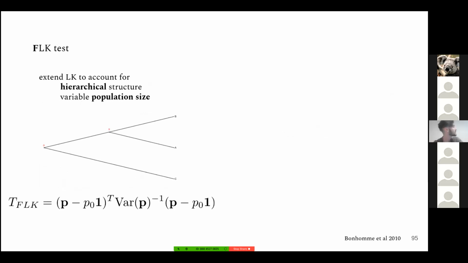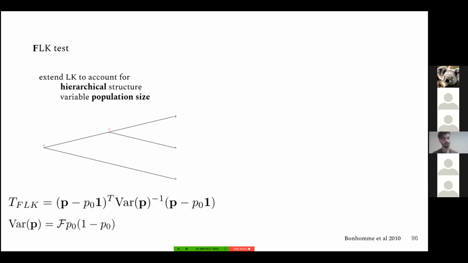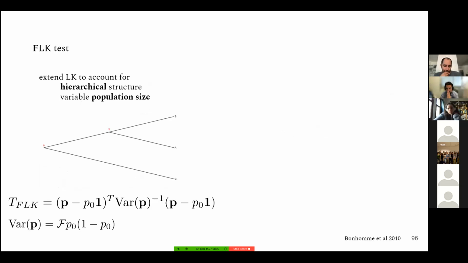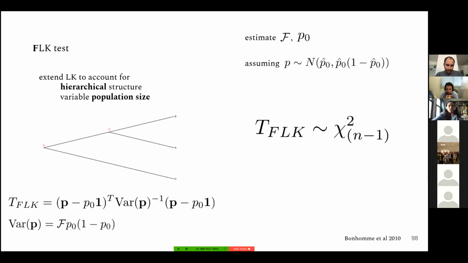The FLK statistic takes this form, where the variance is F, which is the matrix estimated in the kinship method, times P0 times 1 minus P0, where P0 is the best linear unbiased estimator of the ancestral allele frequency. So first, it is necessary to estimate F and P0, and the underlying assumption is that the allele frequencies follow a normal distribution depending on the estimated ancestral allele frequencies. So the FLK statistic follows under the null a chi-square distribution with n-1 degrees of freedom.